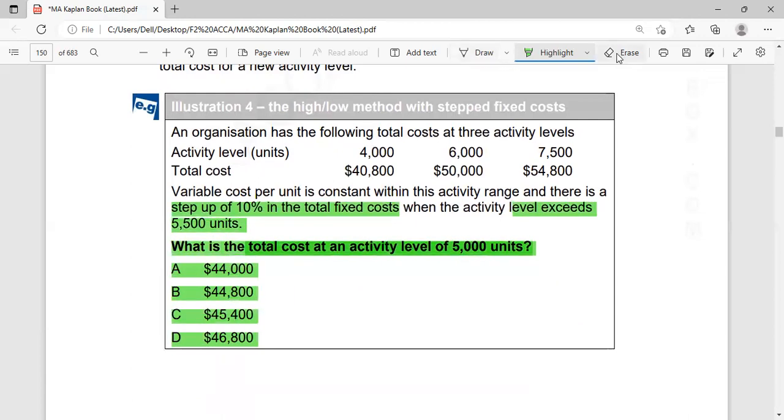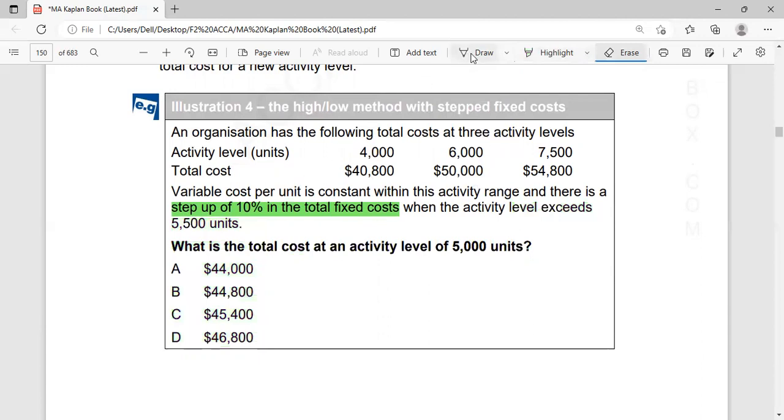Now he's saying that variable cost is the same, but when your level of activity exceeds 5,500 units, the fixed cost is increased by 10%. There is a step up of 10% in fixed cost. Now when there is a step up, we need to identify those two activity levels in which fixed cost remains unchanged.